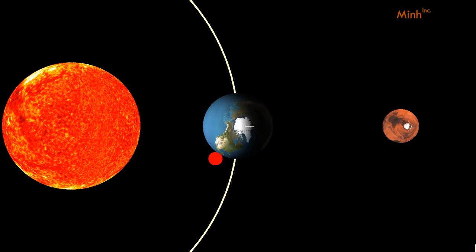So exactly at this point, if he sees Mars opposite to the sun on the east side, then it is super Mars. Now the full night he can watch super Mars. So this is one situation when he watches Mars in the evening, or he can also watch Mars during the early hours of the morning on the west side, exactly opposite to the sun. Then it is super Mars.